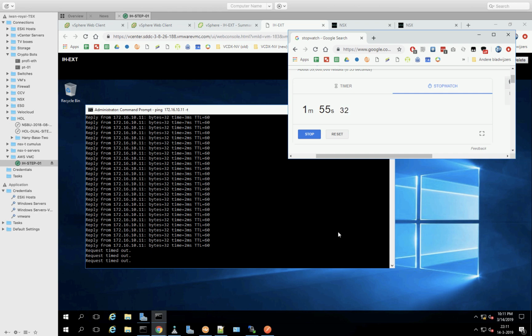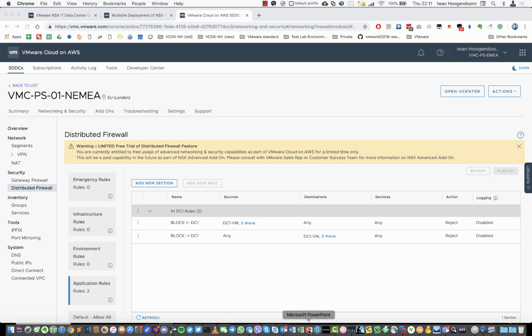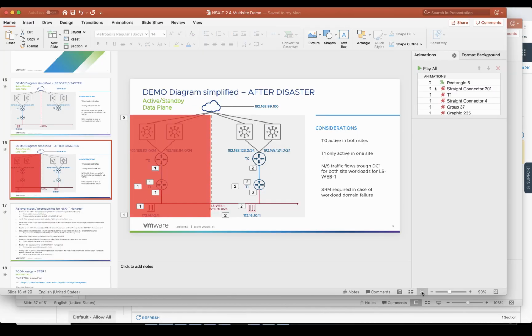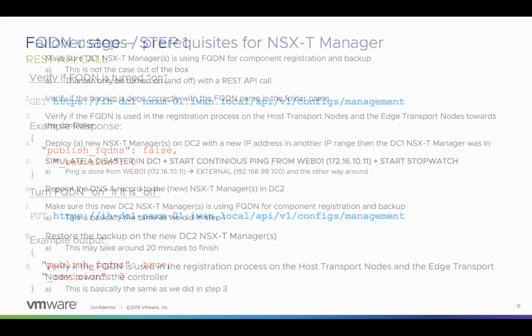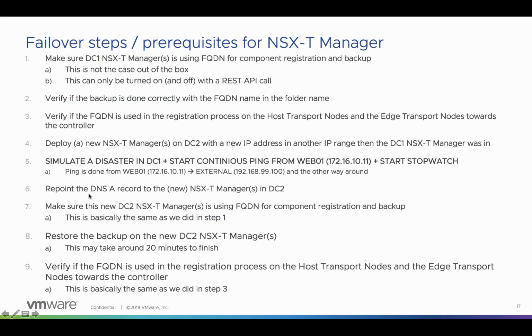The next step is to repoint the DNS server to the new NSX manager and make sure that the NSX manager is using the new FQDN. So that is the next step that we're going to do.